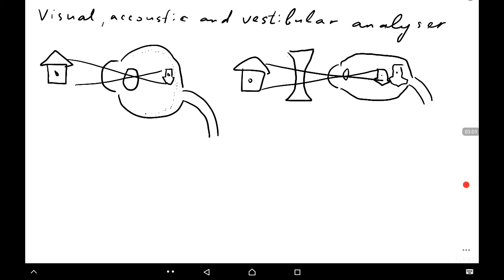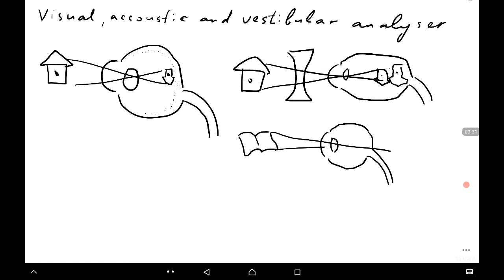Another case, the far-sighted eye, when an object that is close to the eye, for example a book, is projected after the eyeball. The eyeball is a little bit short, and so the normal image is produced behind.